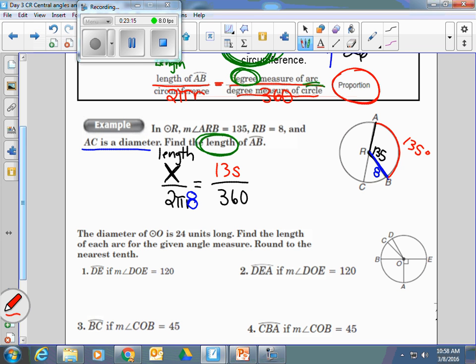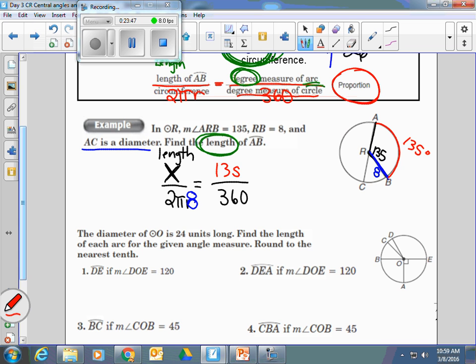In your calculator, push 135 divided by 360, math, enter, enter. It's 3/8. That means I only want 3/8 of the circumference. Are we okay? I want you to comprehend what we're doing. I don't want the whole thing.